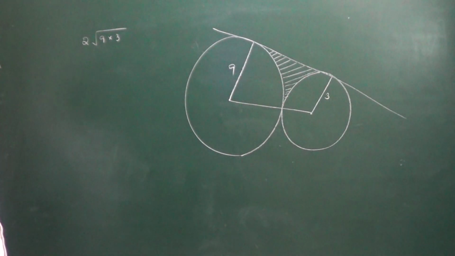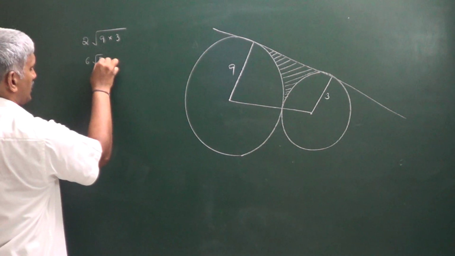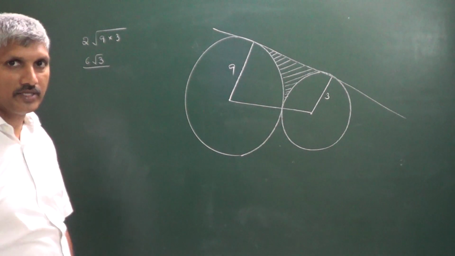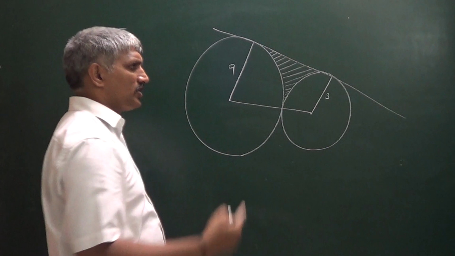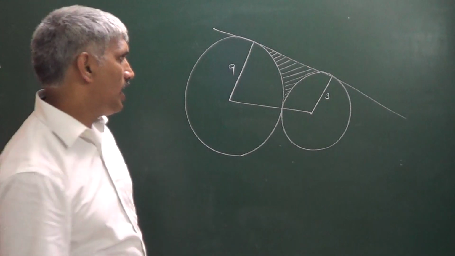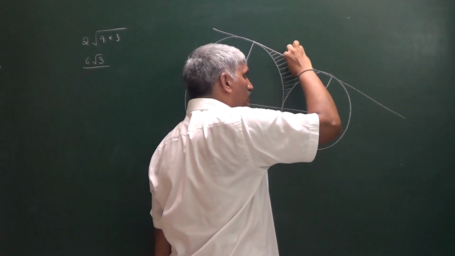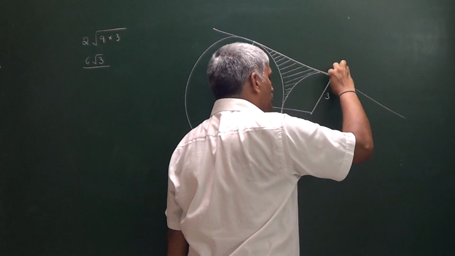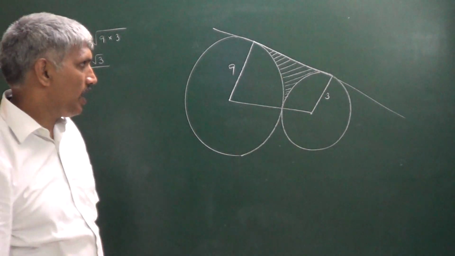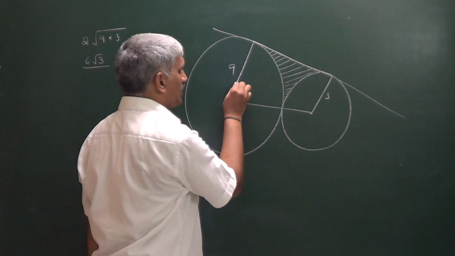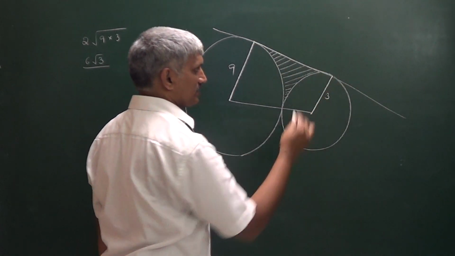Now I can write this one as 6 root 3, right? So once again, two circles touch each other externally, and the length of this direct common tangent is 6 times root 3, and these two lines are parallel lines.